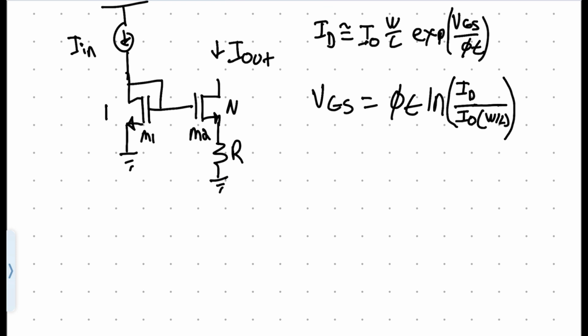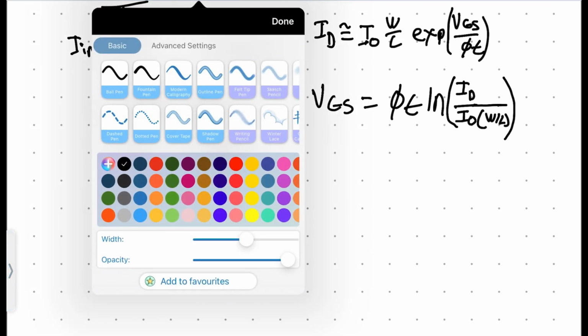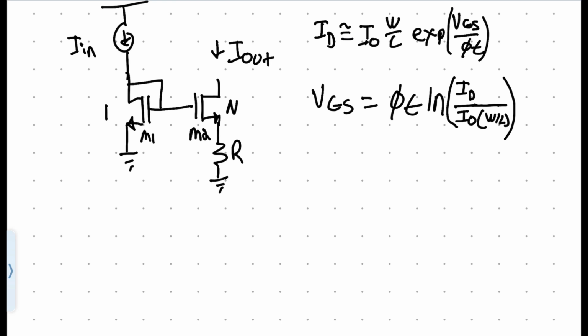Now, if we go back to KVL, if we go up a VGS on this first FET and then down a VGS2 on the second FET, that delta is what is going to be the VR voltage. So VR here is going to be VGS1 minus VGS2.